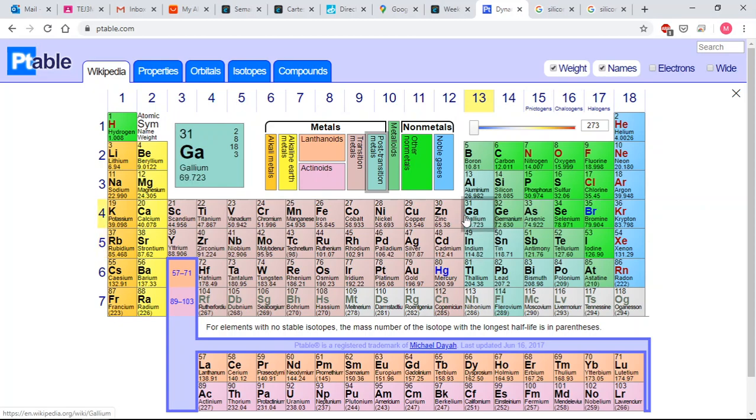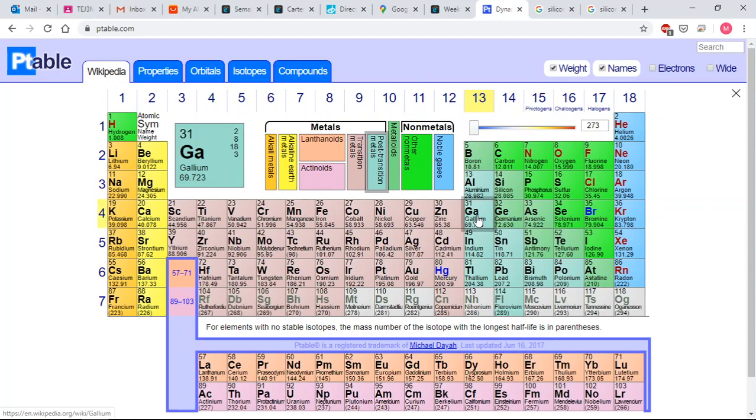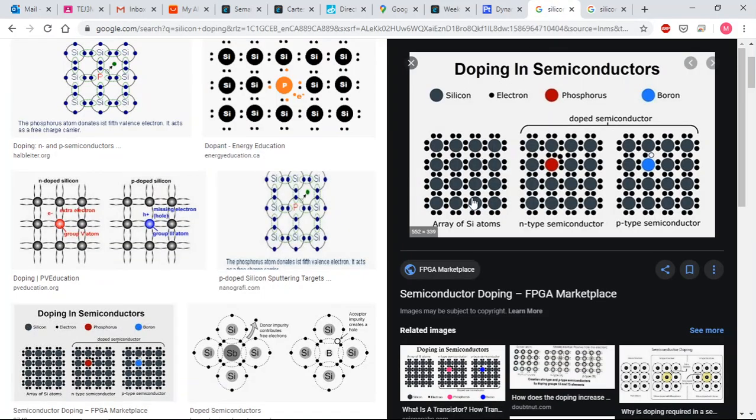What's important is that gallium is on column 3, 3 away from the left, and so gallium would have 3 electrons on the outer shell, not 4. If you inject just a bit of gallium in the silicon structure, so here they take boron, we're going to go to this one.